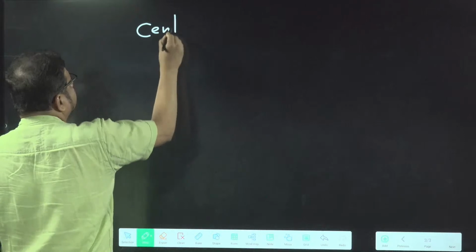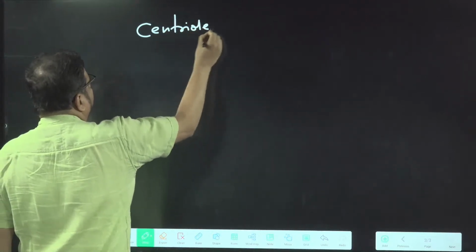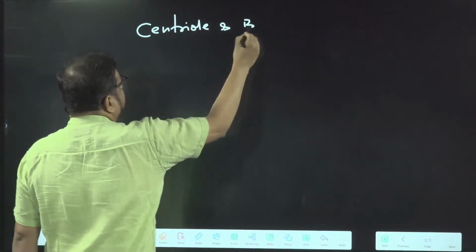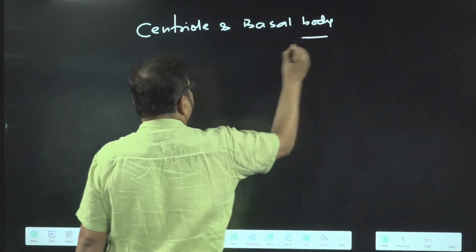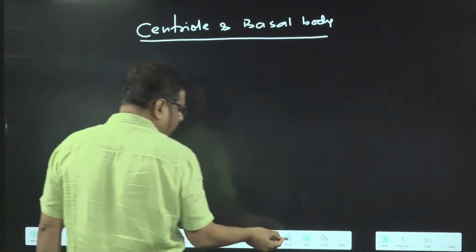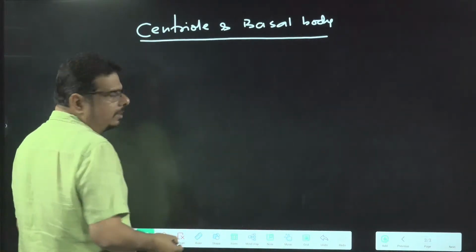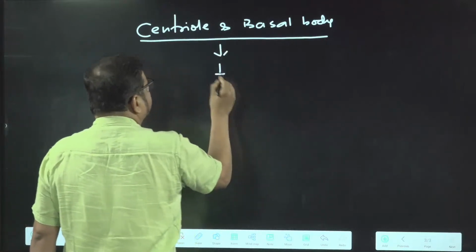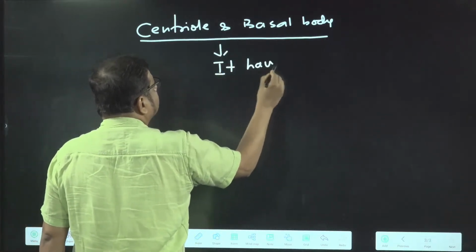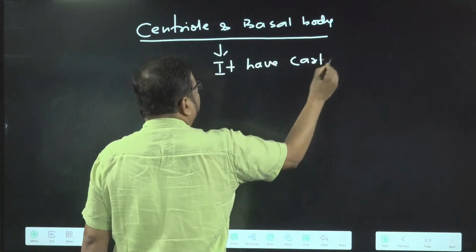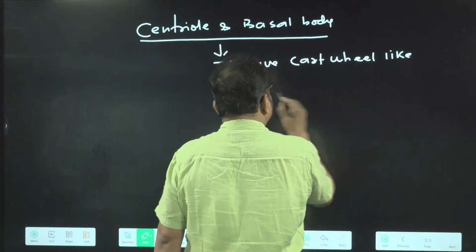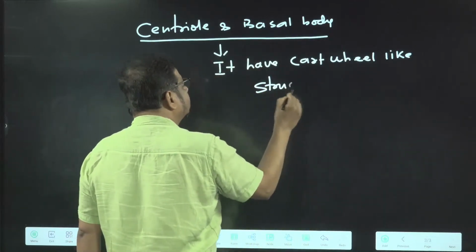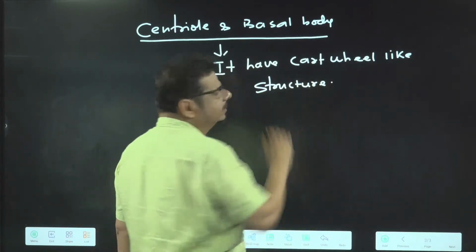So look here, centriole and basal body internal structure. If you look at the internal structure of centriole and basal body, it has a cartwheel-like structure. Cartwheel-like structure is present in centriole and basal body.